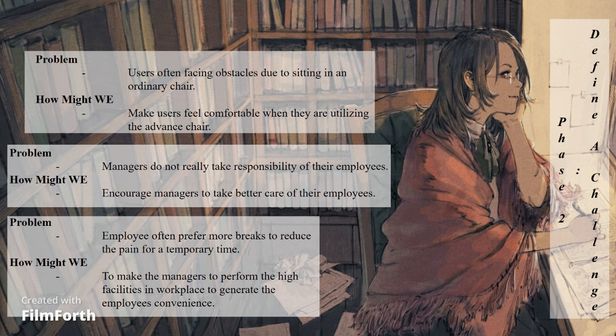By this problem, we can state that managers should take better steps to improve employee satisfaction. As the third problem, employees often prefer more breaks to reduce the pain for a temporary time. The how might we question is: how might we make managers provide high facilities in the workplace to generate the employees' convenience?